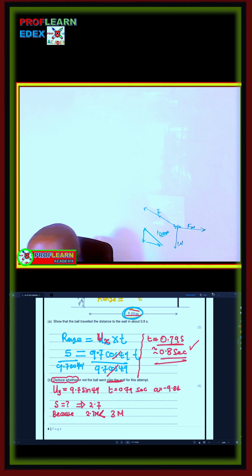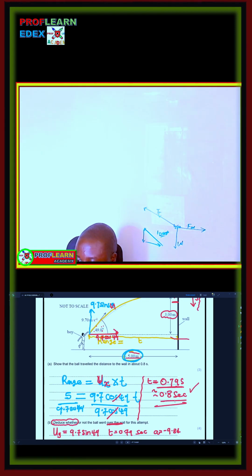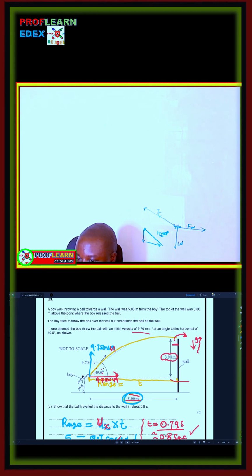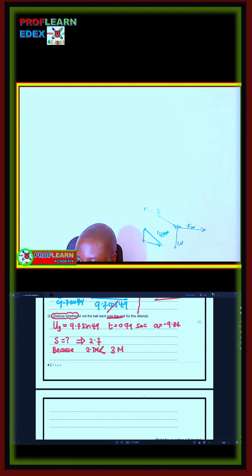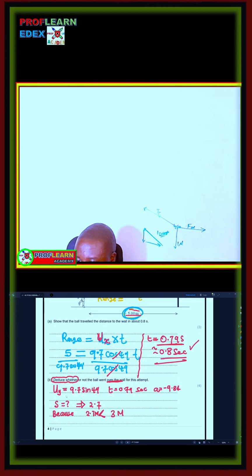Deduce whether or not the ball went over the wall in one attempt. So in that way, we shall use the time that we have gotten here, and then check how high the ball was by that particular time. In that case, we have the initial velocity in the vertical direction, the time is 0.8 seconds, and acceleration is negative 9.81.